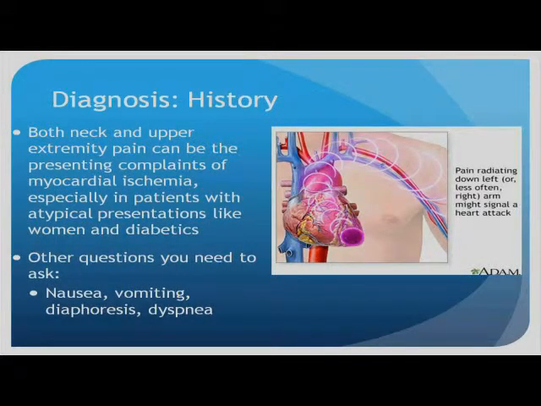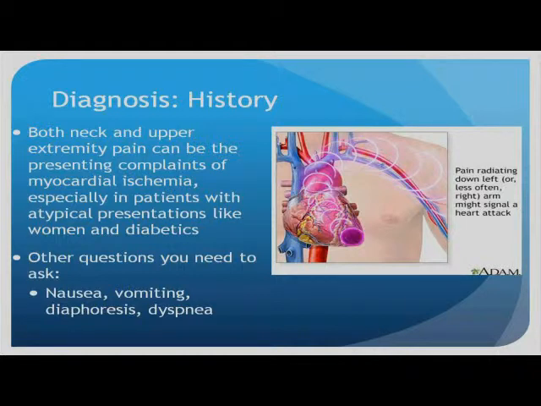It's important to remember that the heart can produce an exact same pattern of pain as some of our other problems that we're talking about as we go through this that are more mechanical in nature. So just to rule out, you want to make sure what else the patient's medical history might involve. Do they have diabetes? Do they have hyperlipidemia?